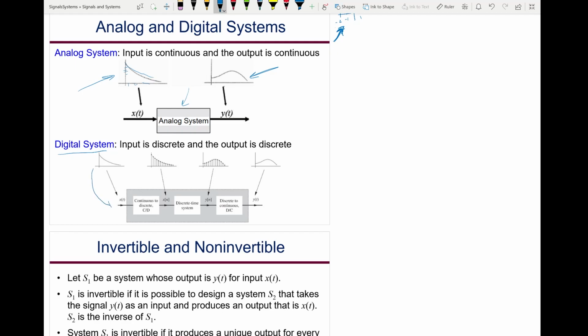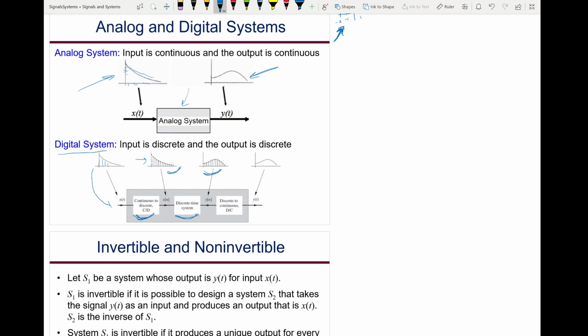So we first take it to a continuous to discrete converter, or analog to digital converter. This one is not digital because the amplitude may have many possible values, so we call it discrete. From continuous to discrete, I just took samples of this one and I got this one. Now I have this discrete time system that will process this signal and give you a discrete output.